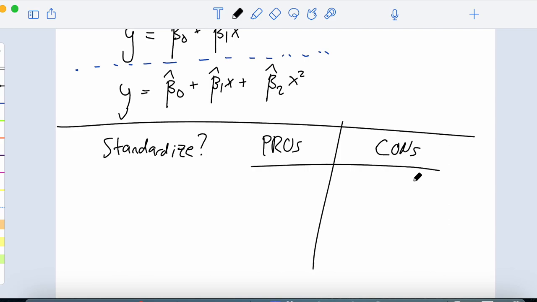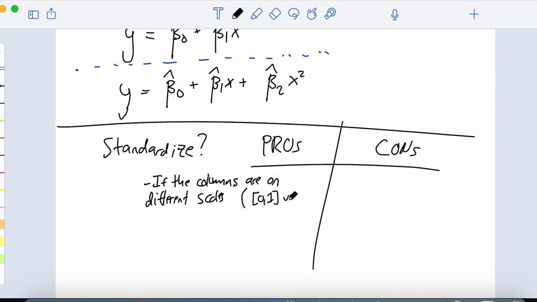So I think let's list it as a pro, which is if the column values are very different. Let's say they are on different scales. If the columns are on different scales. So let's say like 0 to 1 versus tens of thousands, right?